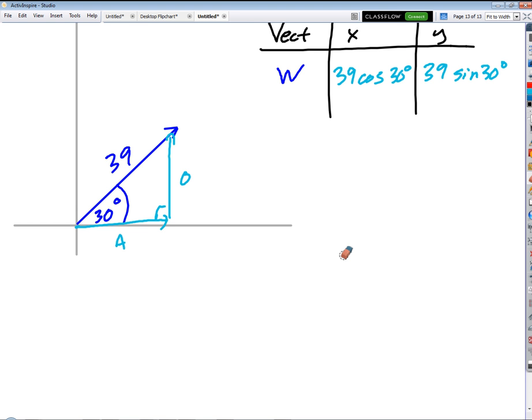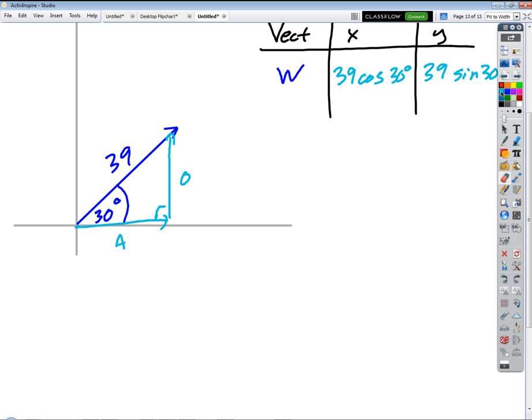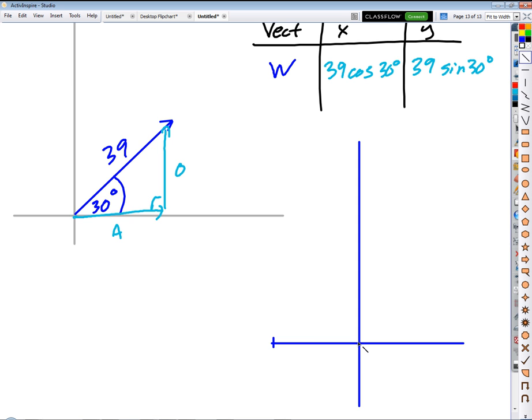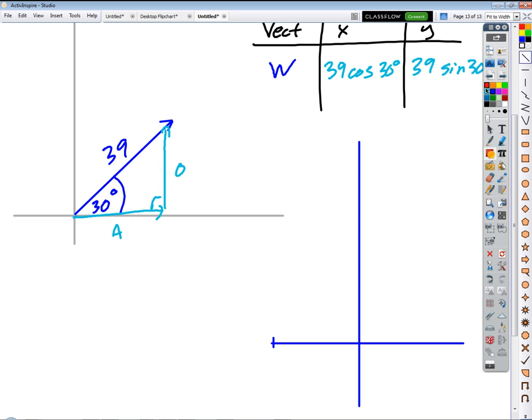So if we were to draw the picture for the plane, it's gotta look like this. I'll just do blue. There. Okay, so the plane is gonna be going up at some angle, right?